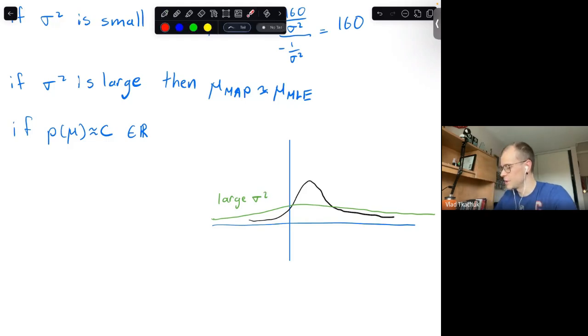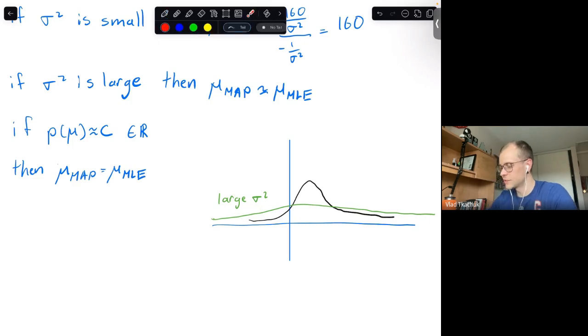If you make sigma squared really, really large, it almost looks like a uniform density. Sorry, these are the densities. And that would just look like a constant term. And so the important thing is that if the density is this constant, well, then this mu MAP is also equal to mu MLE.